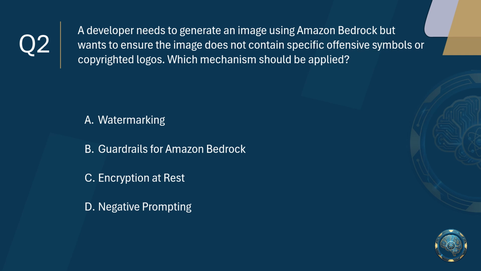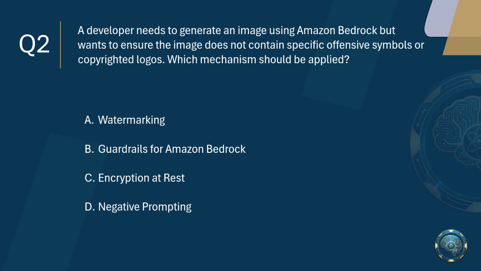Question number 2. A developer needs to generate an image using Amazon Bedrock, but wants to ensure the image does not contain any offensive symbol or copyrighted logos. Which mechanism should be applied?